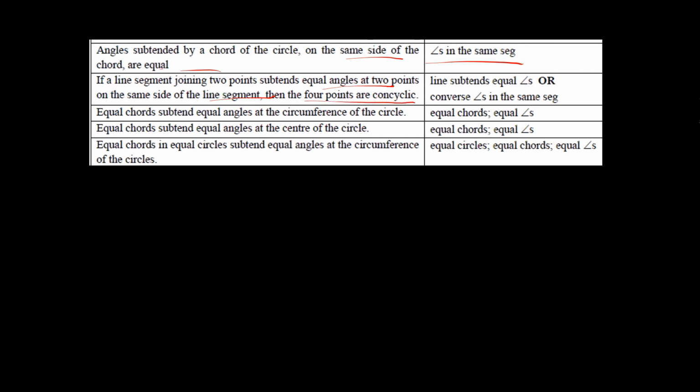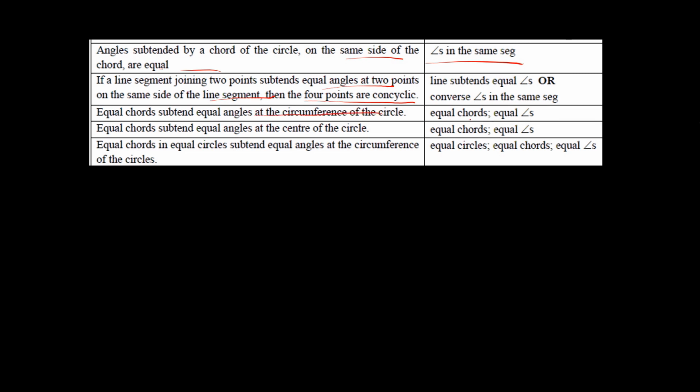So basically all that is telling you is that the 2 angles look like they're in the same segment, so it's the converse of angles in the same segment if you're using that to prove that a quadrilateral is cyclic.